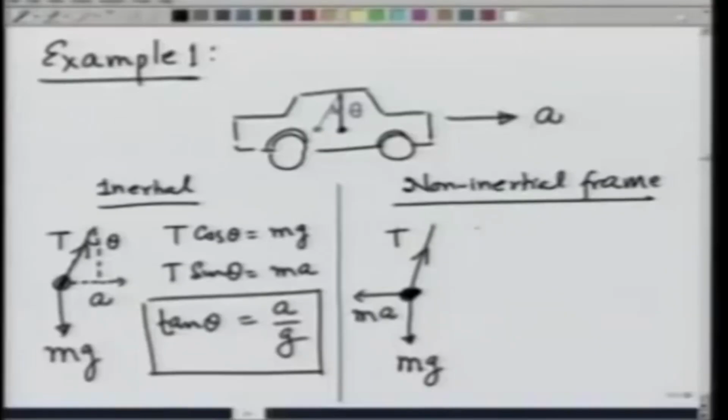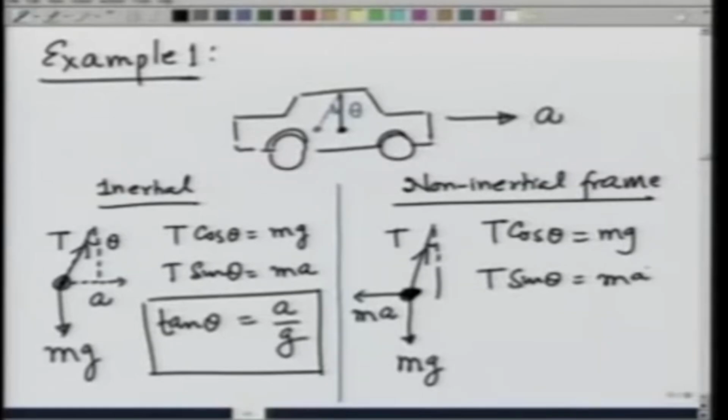The three forces are to be balanced for equilibrium, and that gives you T cosine theta equals mg and T sine theta equals ma. Notice the difference. In the inertial frame, T sine theta gives you an acceleration towards the right.